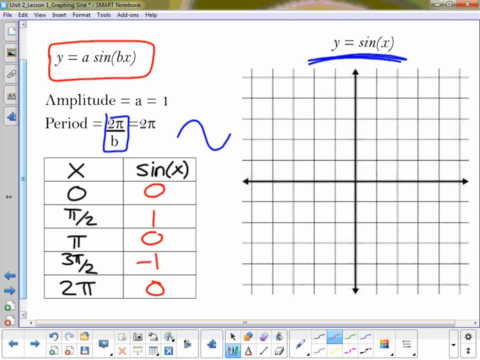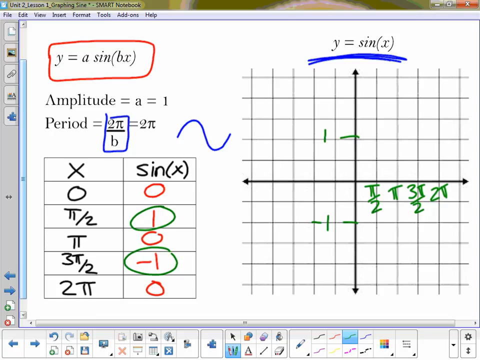So this comes from our points on the unit circle, the quadrant points. You can see that our amplitude of 1 is going to make this graph go 1 unit above and 1 unit below the x-axis. Just for visual sake, I'll make each unit up and down worth half.